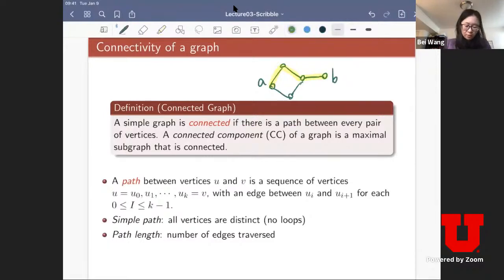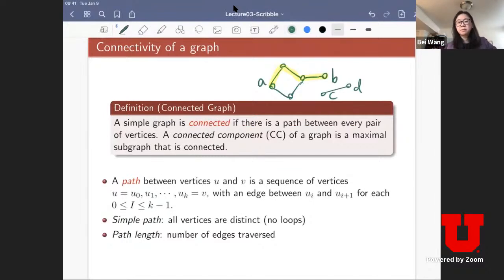But if I add another node C and maybe D, this is no longer a connected graph because I cannot reach C from A. So connectivity has to do with whether all pairs of nodes are reachable from one another.